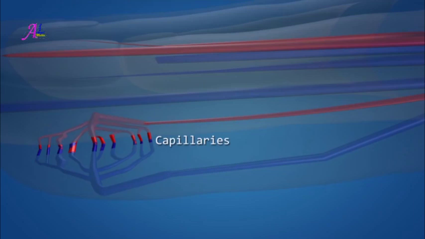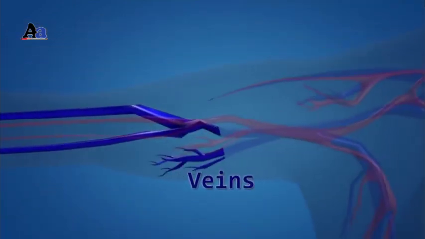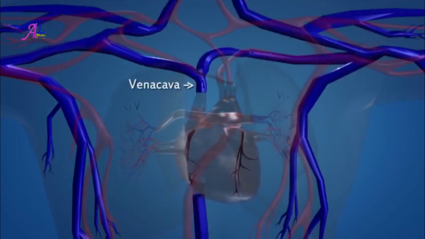After they do what was supposed to be done, this blood has to be taken back to the heart. So blood will collect into small vessels called venules that will join to form the veins. All these veins are going to be collected in one big vein called the vena cava that brings back the blood to the heart.